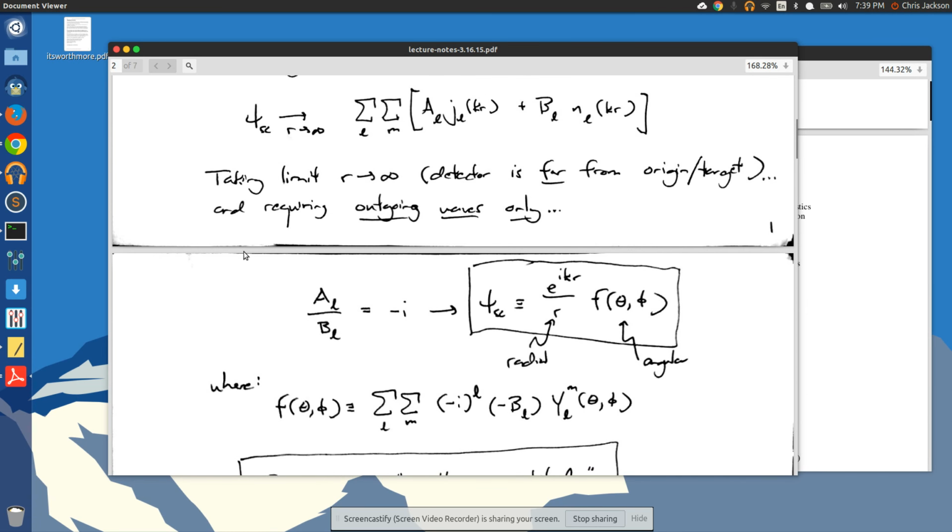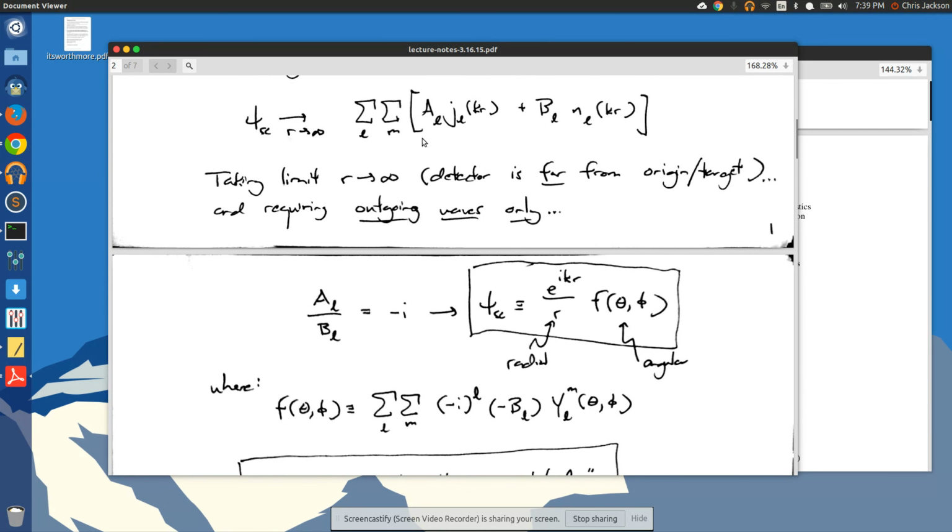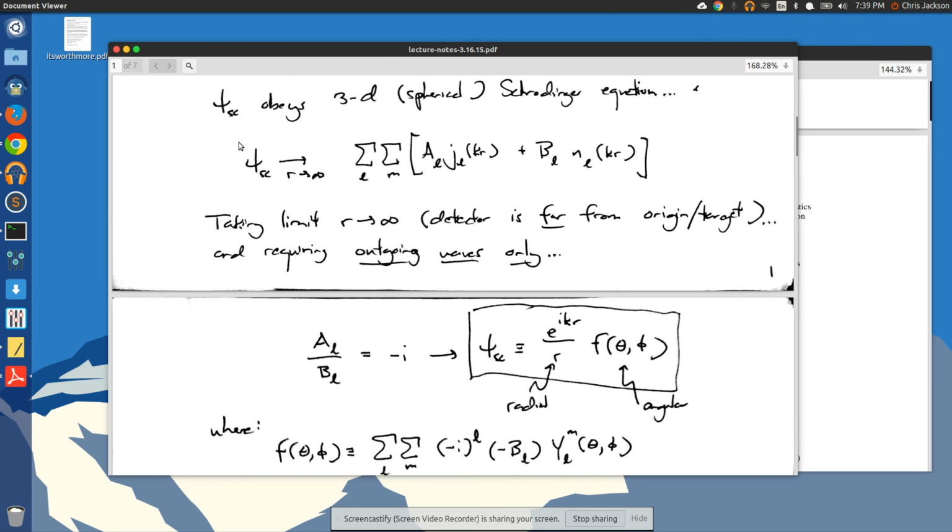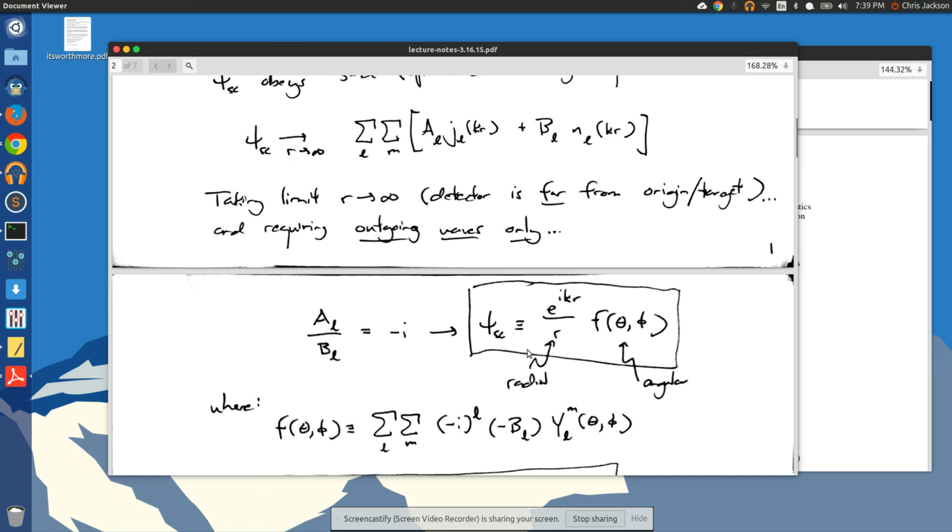Then we found last time that these coefficients A_l and B_l are not independent, and they actually obey this relationship. And so what we can do is reduce this nasty looking thing down to something a little more manageable. So we have the radial piece, e to the ikr over r.